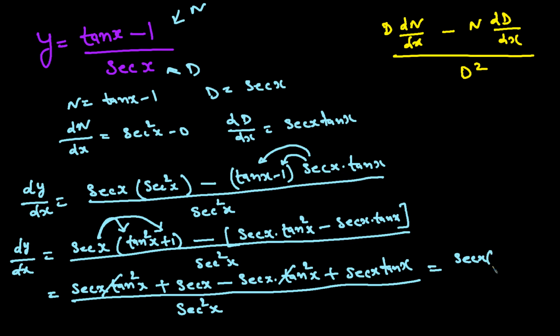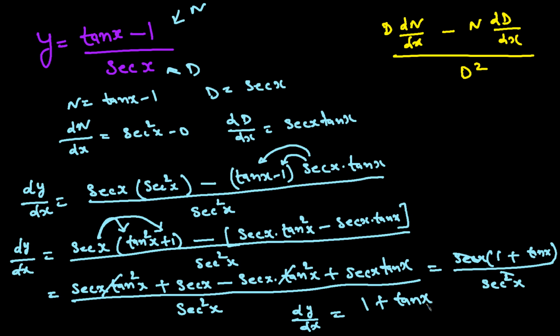If I take secant x from here, I'm left with 1, and over here I'm left with plus tangent x, divided by secant square x. And this secant x will cancel one of the squares, so we're left with dy over dx equal to 1 plus tangent x over secant x. So that's how we can find the derivative of this function. That's our answer. Good.